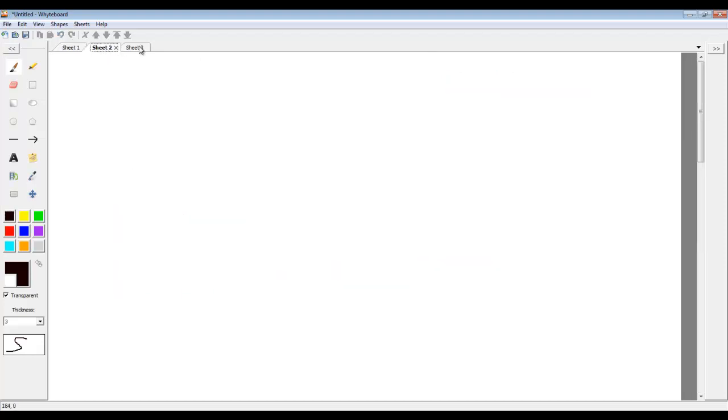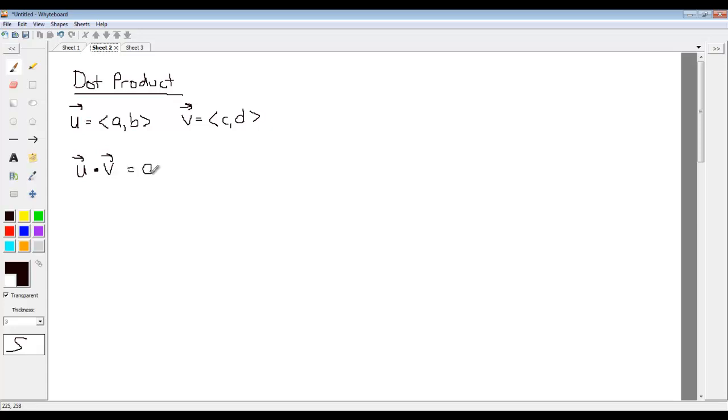Okay, next, let's talk about something called the dot product. If you have a vector u defined as a, b, and if you have a vector v defined as c, d, then u dot v, so I read it u dot v, equals a times c plus b times d.